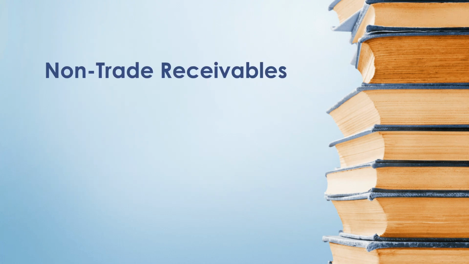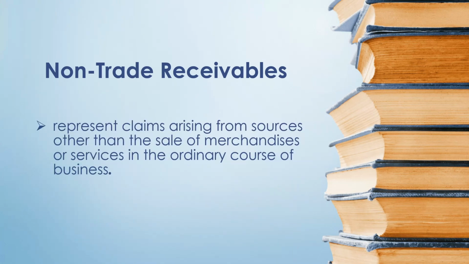If trade receivables arise from ordinary course of business, non-trade receivables on the other hand represent claims arising from sources other than the sale of merchandise or services in the ordinary course of business.